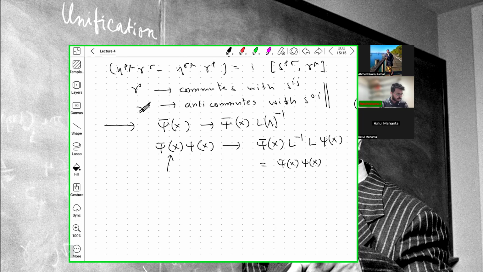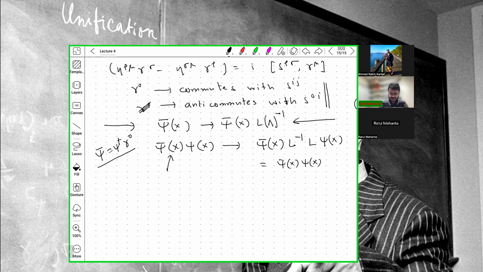And the other term also, that will be an exercise, but I will just sketch this property. And this justifies why we need to define psi bar with multiplication by gamma 0. So that is the third justification I talked about.